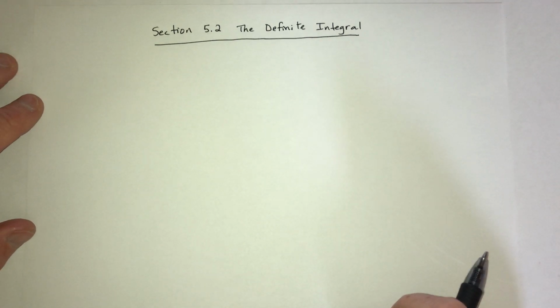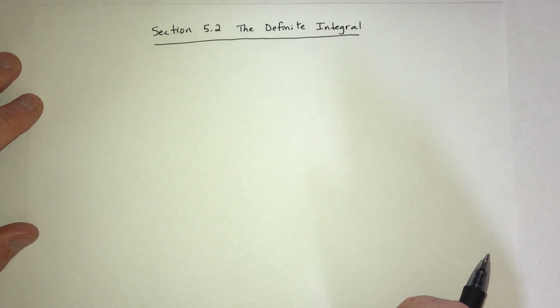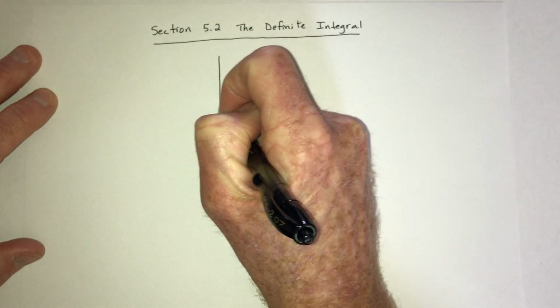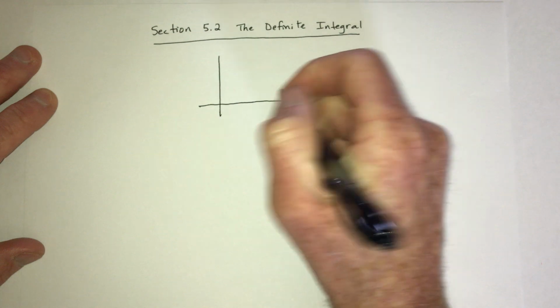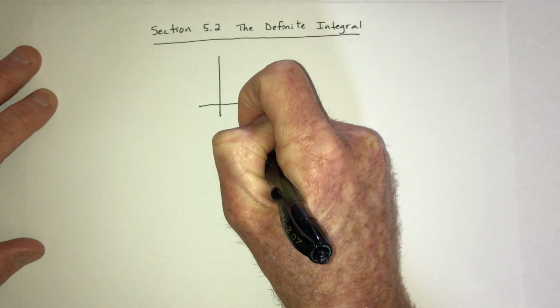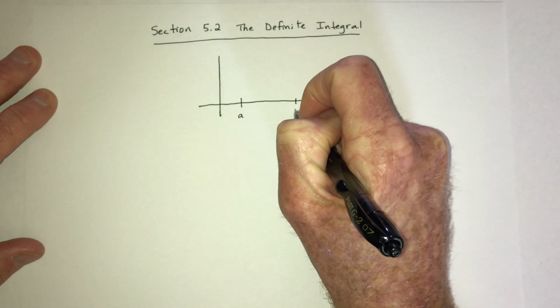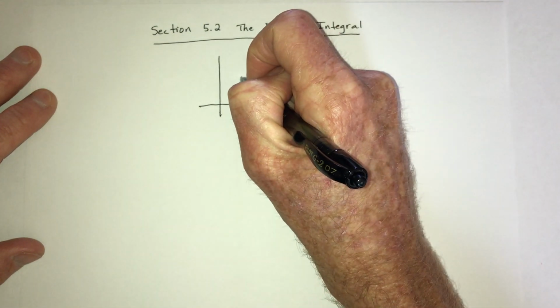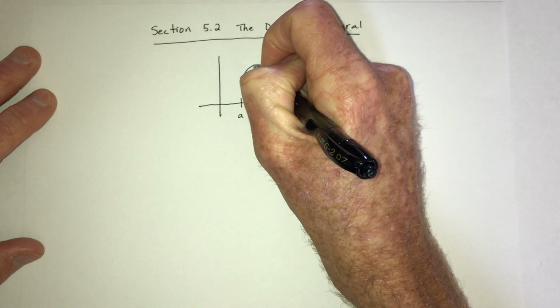And for today's episode, we have section 5.2, the definite integral. The definite integral means that you have a function over a definite interval, like from a to b. And then let's say the function looks something like this.